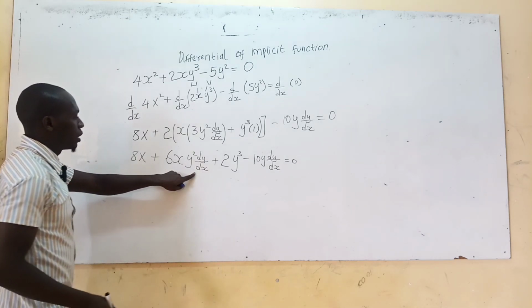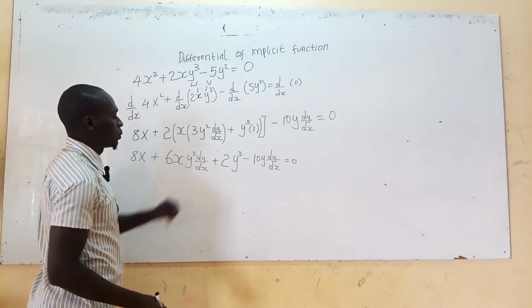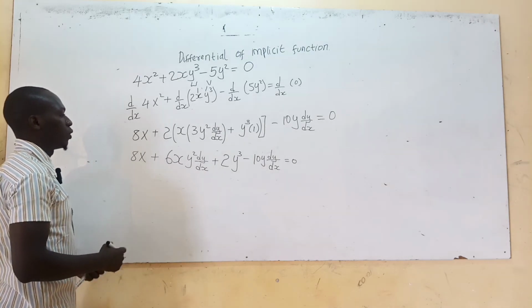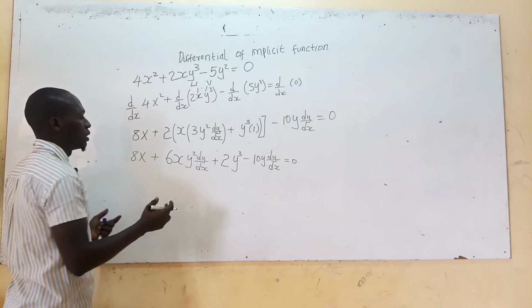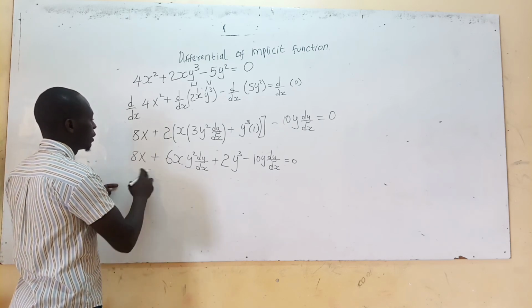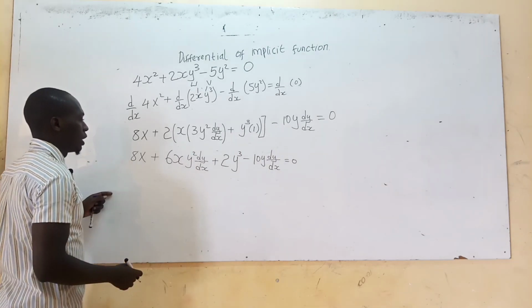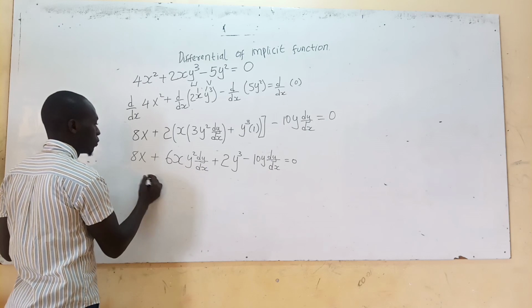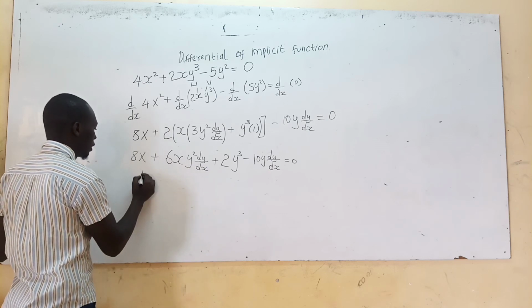So since we need dy with respect to dx to be the subject of the formula, that means every term we are going to take to the other side, and by simplification of that, we are going to have the terms of dy and dx on this side.